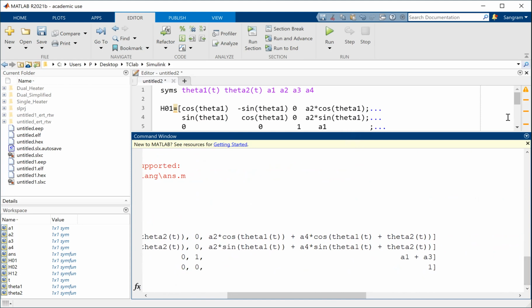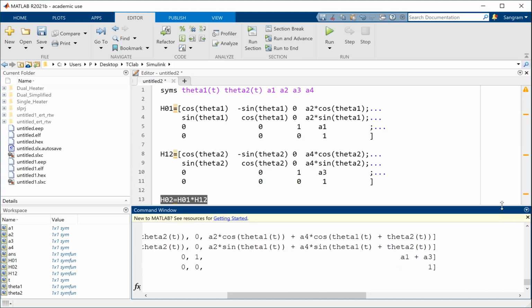Now here is something else that I want to show you. A2, A4 cosine theta 1, cosine theta 2, A3, A1. The only part which I want to talk about is how would you find the velocity?